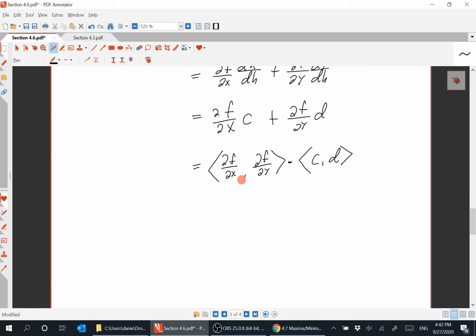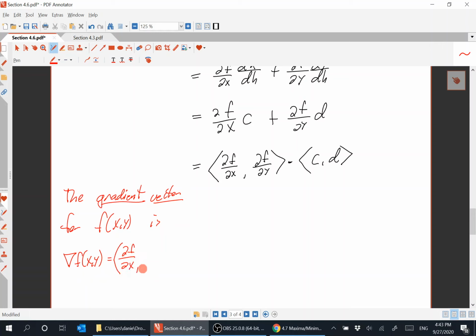The vector (c, d) is u, and this other vector is called the gradient of f. The gradient vector for f(x, y) is written with an upside-down triangle: partial f with respect to x, comma, partial f with respect to y.